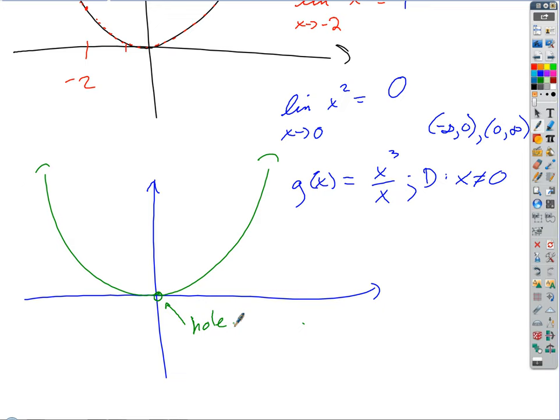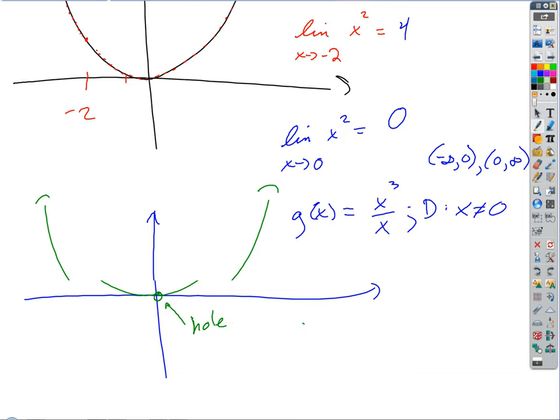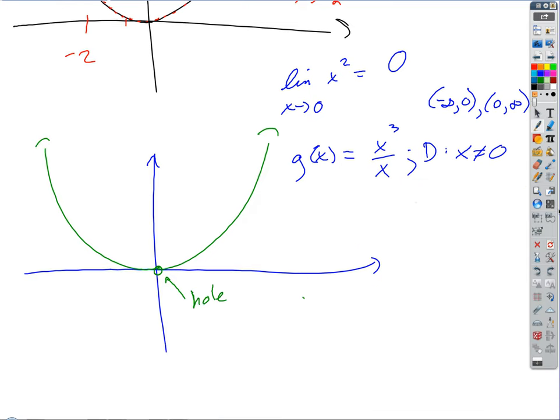Okay, here's the $1 million question for the day, though. Here's what I want you to tell me. On this function down here, I'd like to know what is the limit of g of x as x approaches negative 2? Actually, that's not the $1 million question yet. 4, right? Makes sense, right?